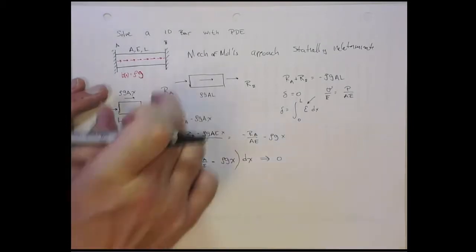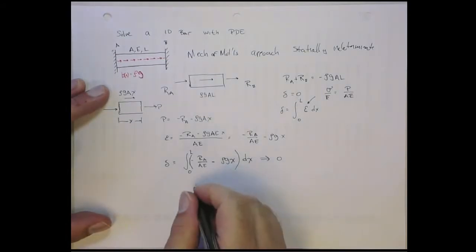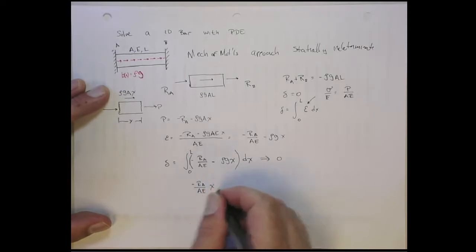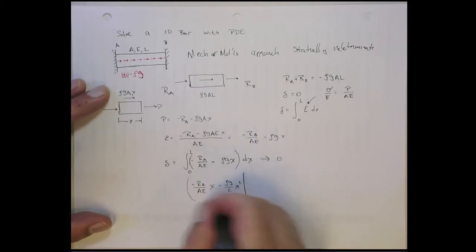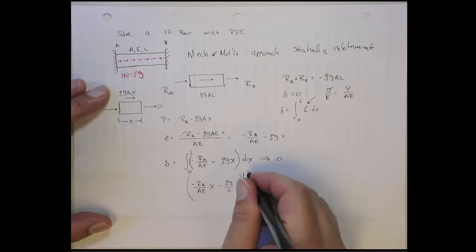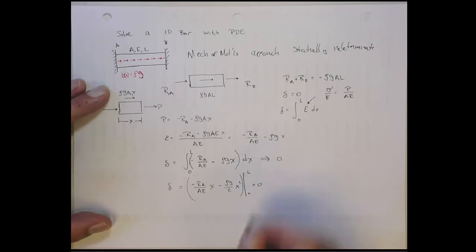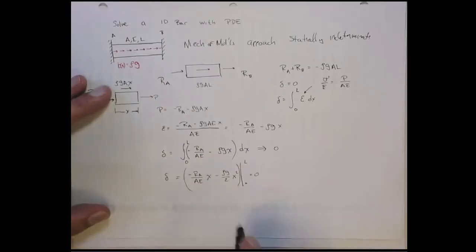The total elongation has to go to 0 because it's fixed on both ends. And this will give me minus RA over AE x minus rho g over 2 x squared, evaluated at 0 and L. That is delta, and that has to go to 0. That's the displacement condition.